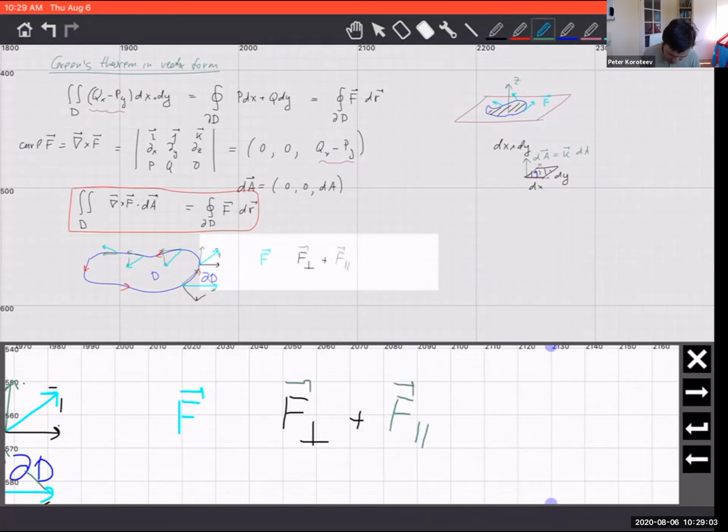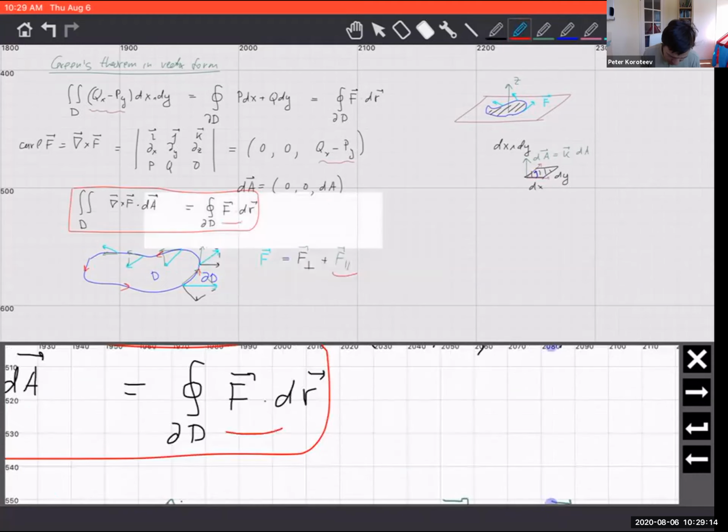And the parallel component is taken care of here in this formula, right?